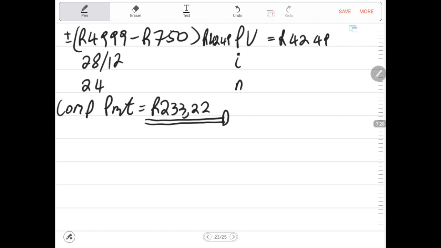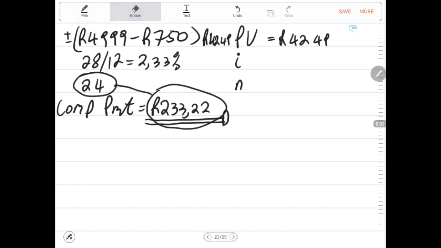It means currently our calculator knows that the present value is 4,249, and that the interest per month is 2.33%, which is 28 over 12. It knows that we are going to make 24 payments of 233 rand 22 cents. That is what is in the memory of our calculator now.